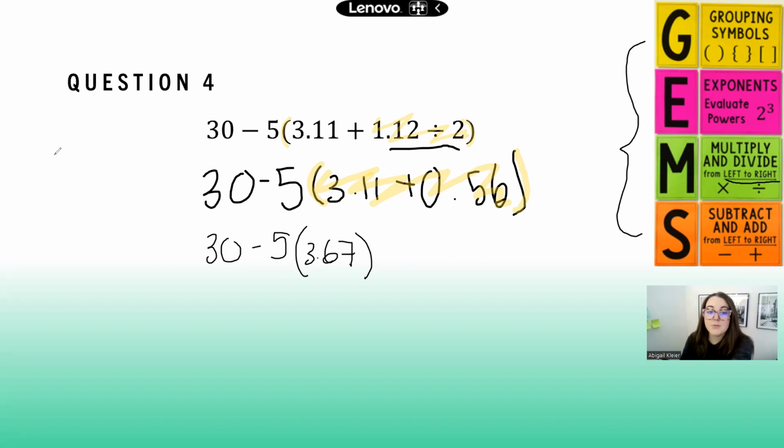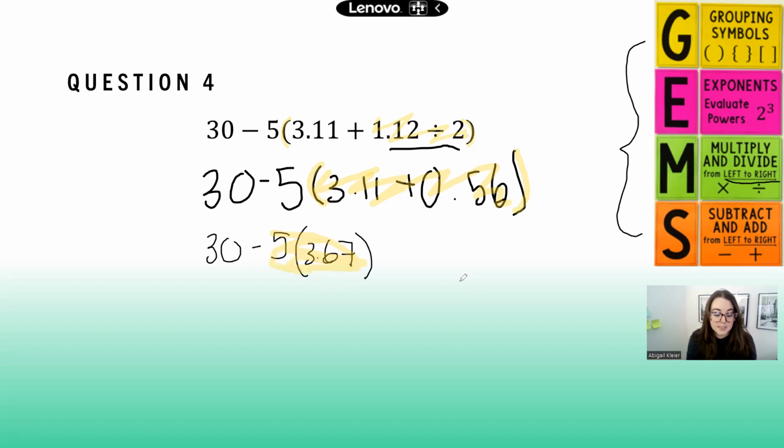So now that I figured out everything inside the parentheses, now I can focus on the last two operations that I have. So I have 30 minus 5 times 3.67. Again, we look to our GEMS to see what takes priority. Since we have a subtraction problem and a multiplication problem, the multiplication problem is going to take precedence.